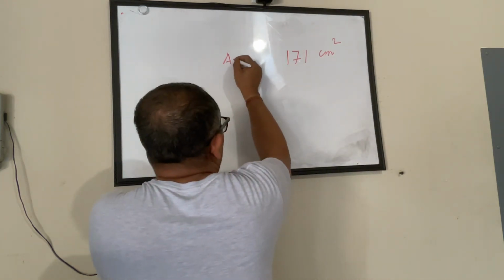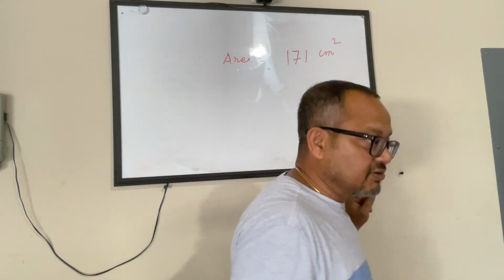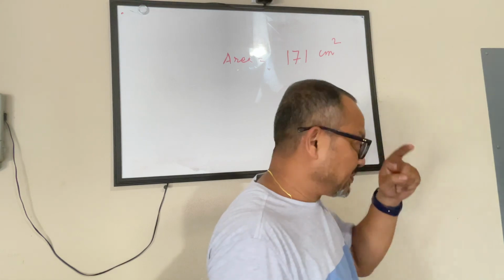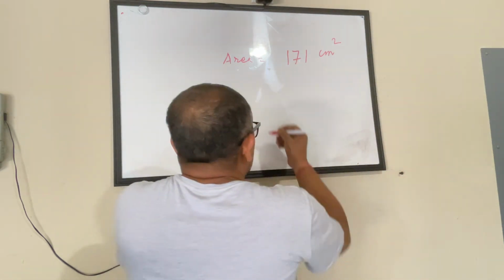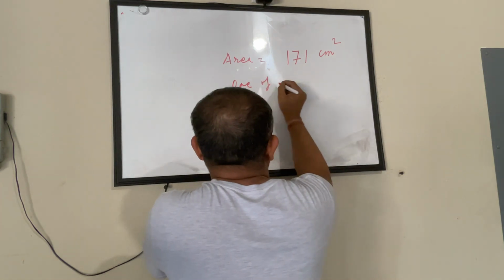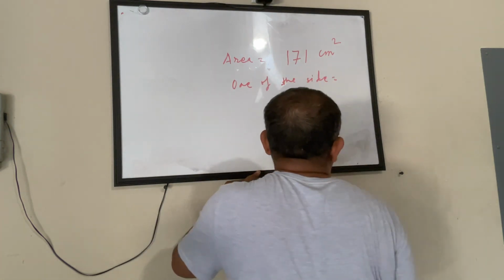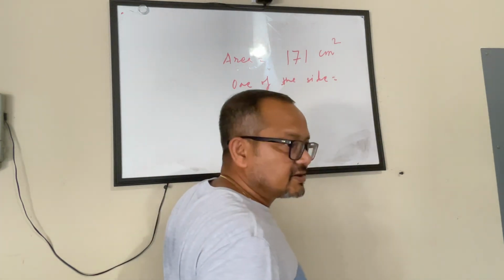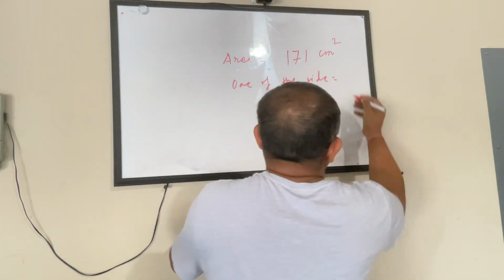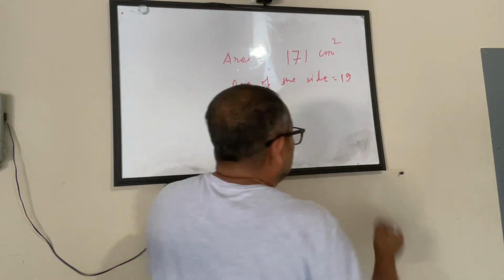So area of a parallelogram is given as 171 centimeter square. One of the side is equals 19 centimeter.